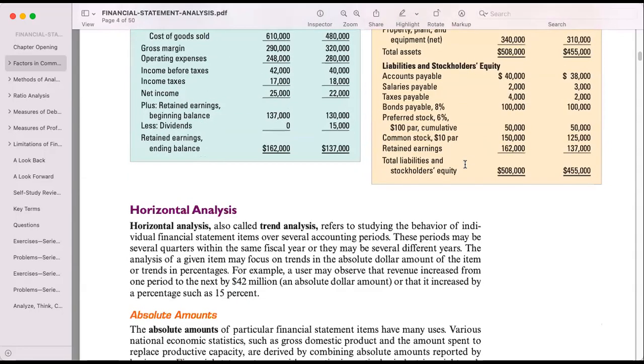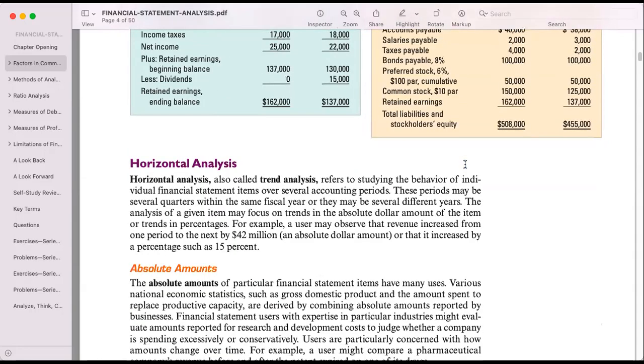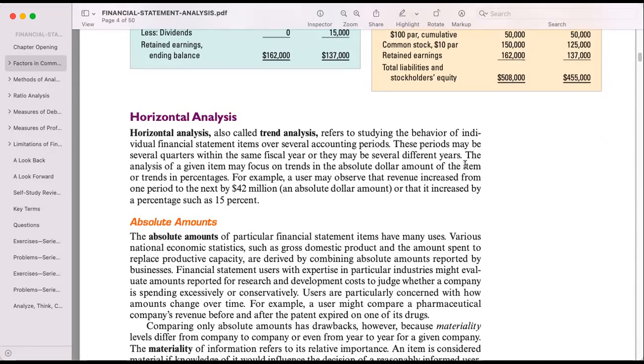Let's discuss first the first technique in financial statement analysis: the horizontal analysis. It is also called trend analysis. It refers to studying the behavior of individual financial statement items over several accounting periods.